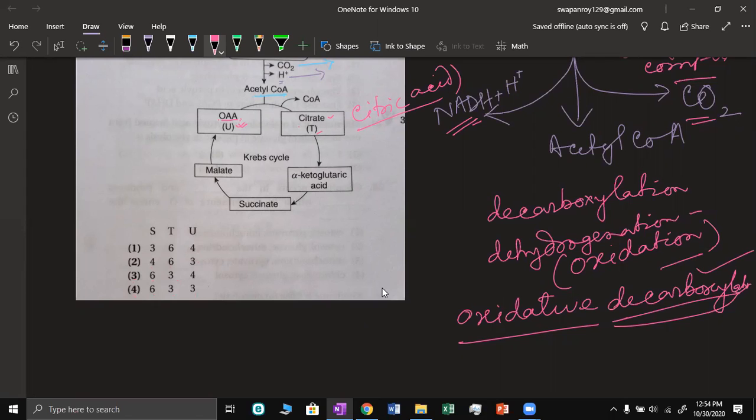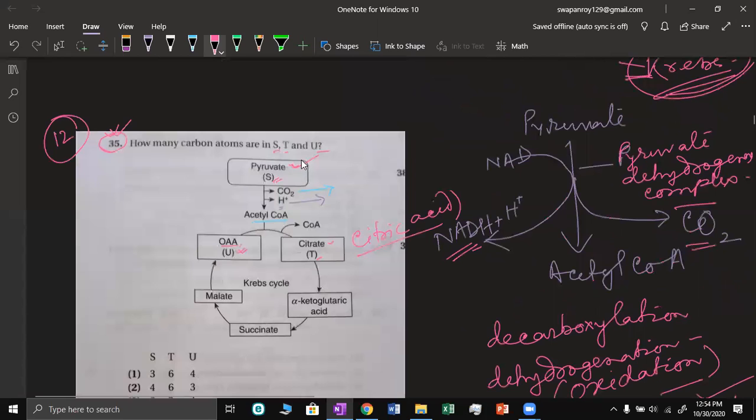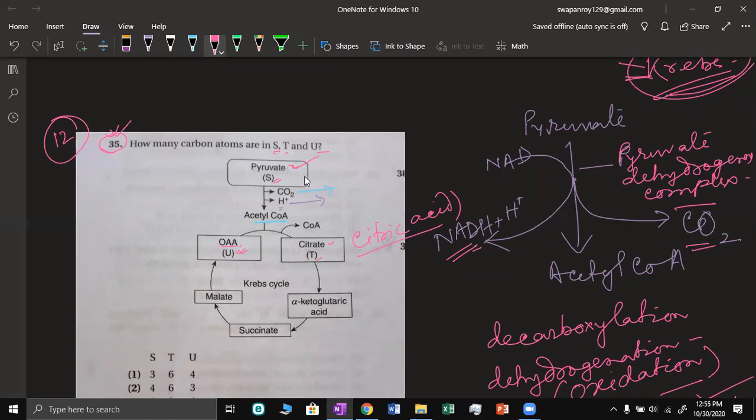What is the answer? 3, 6, 4, sir. S is 3. This is true. This is the end product of glycolysis.